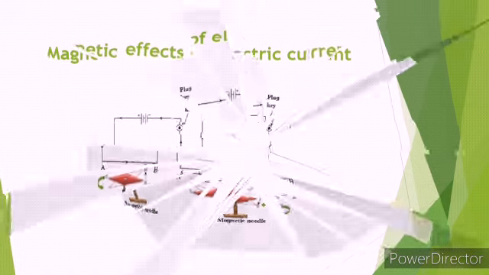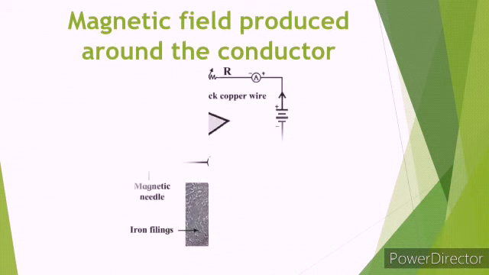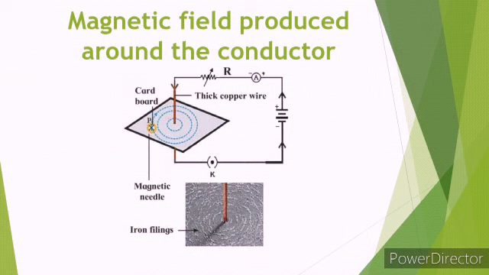Now the next concept, magnetic field produced around the conductor. Observe the diagram. What can you observe? You can observe an electric circuit and a thick copper wire connected in the circuit passing through a cardboard.